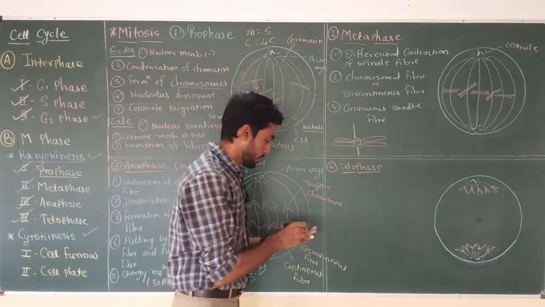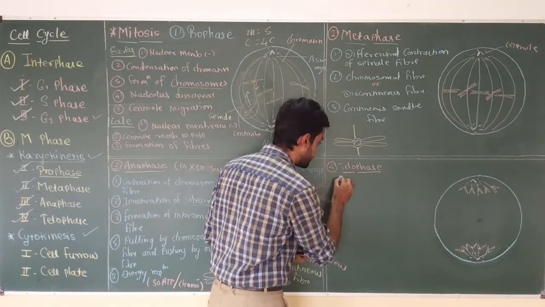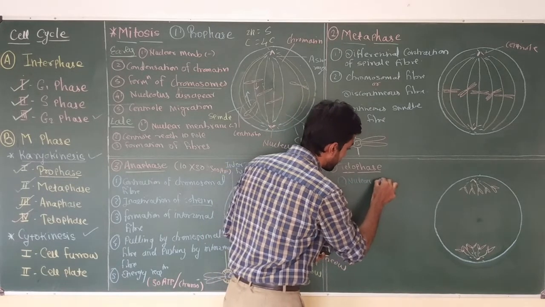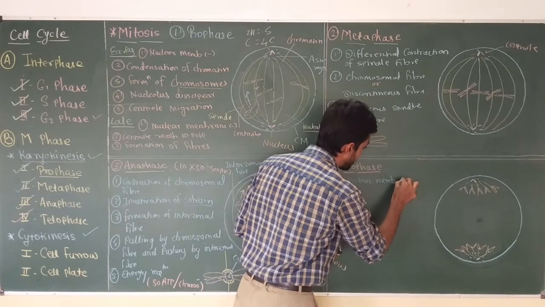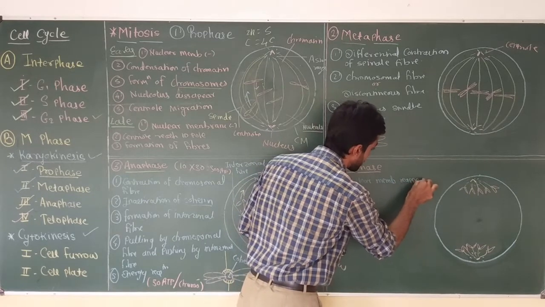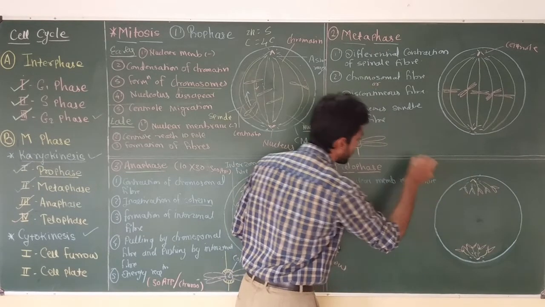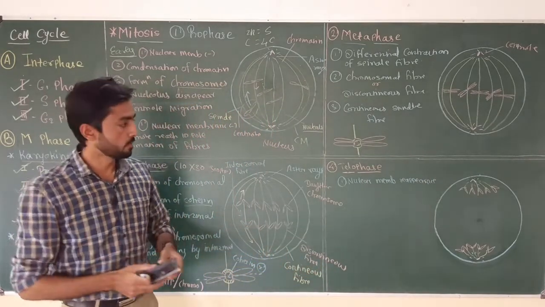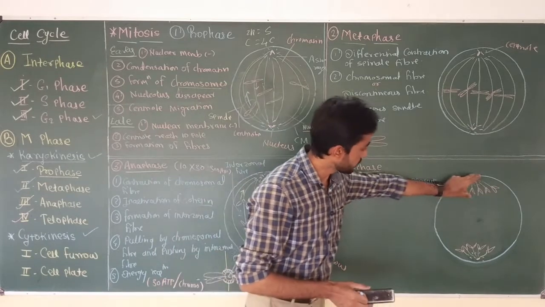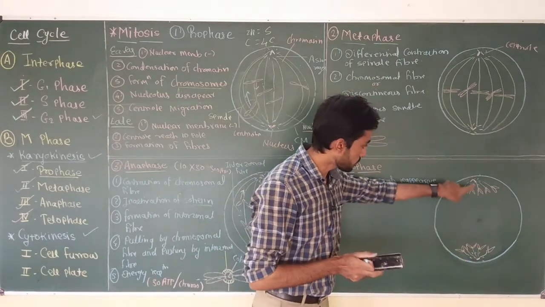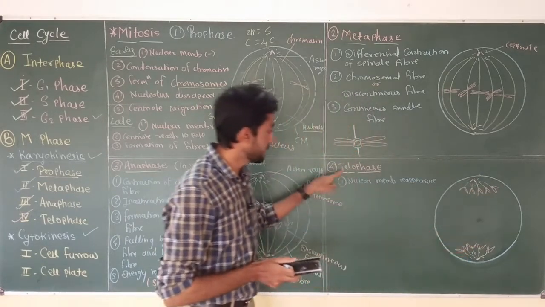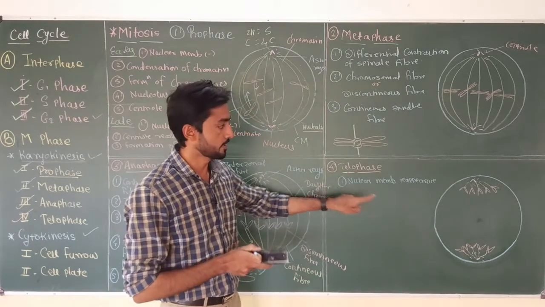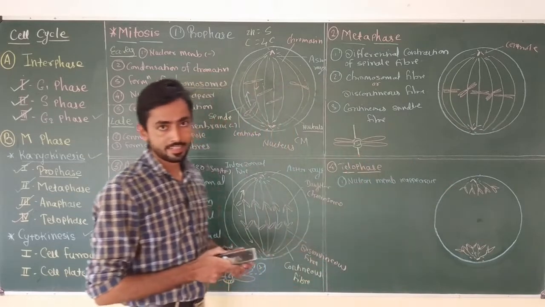So in this case, the first thing that happens is nuclear membrane reappearance. Assembly and reappearance of the nuclear membrane will take place at both the poles around the daughter chromosomes in telophase. This is a very important change that occurs in the cell during telophase.